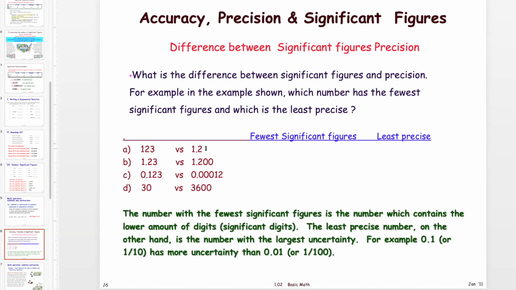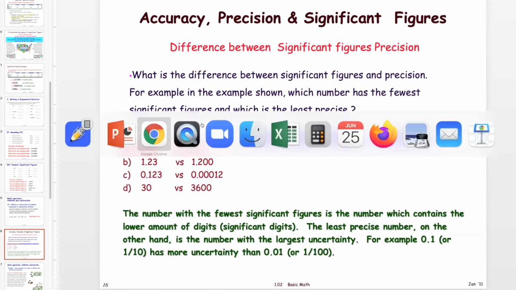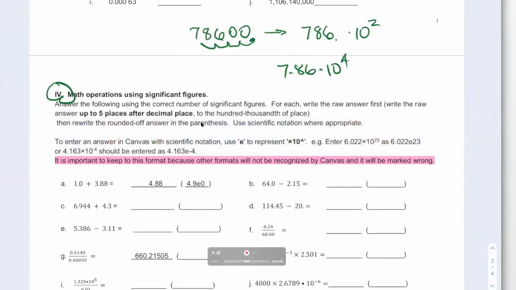And in order to understand precision, I need to talk to you a little bit about decimal places. So let me go back and show you something on my tablet here, because that's going to be important. Okay.